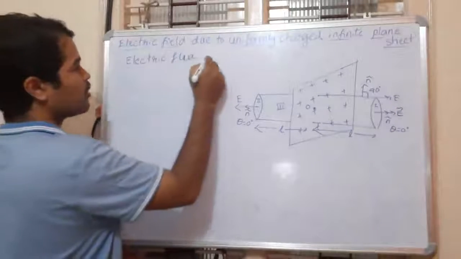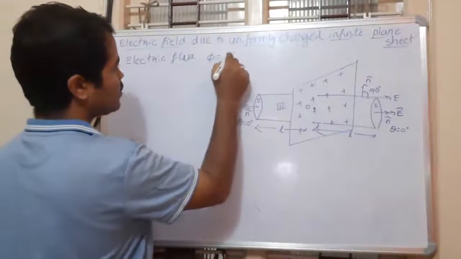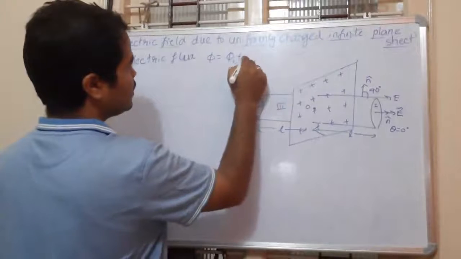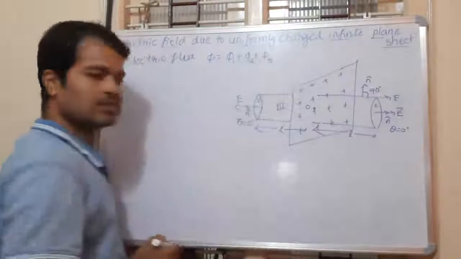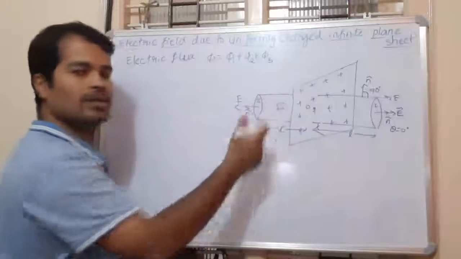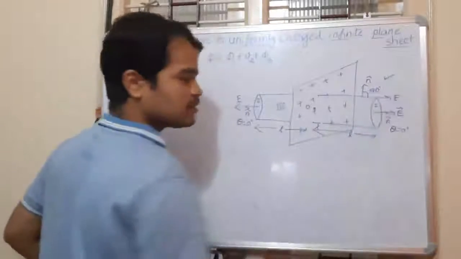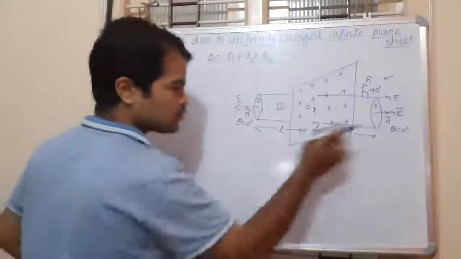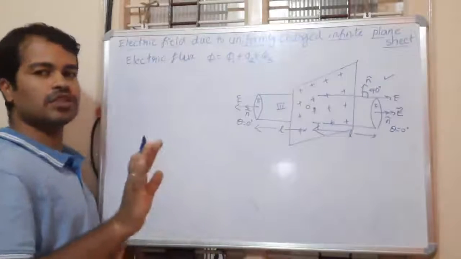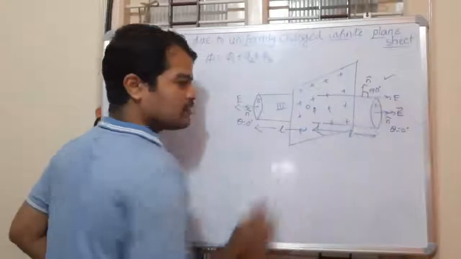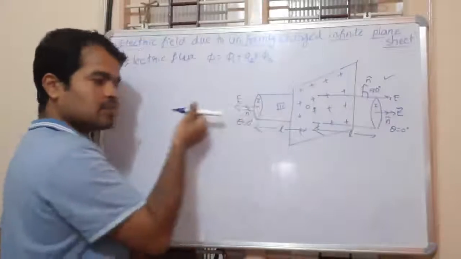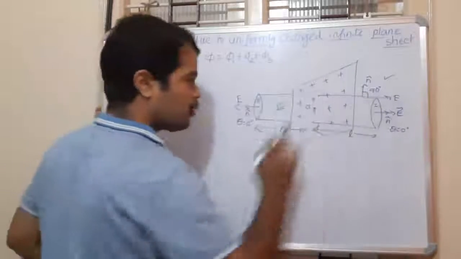Electric flux is given by what? The total electric flux equals the electric flux through the first region, plus the second region, plus the third region. The third region will not contribute, as I already told you the reason. Now we need to look at these two. One more thing you need to consider: here the electric flux is in this direction, and here in this direction, so both are in opposite directions.